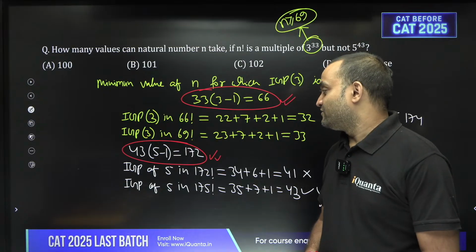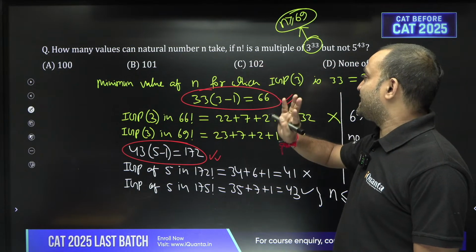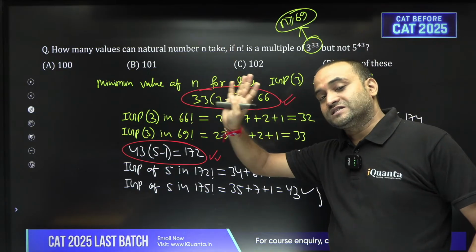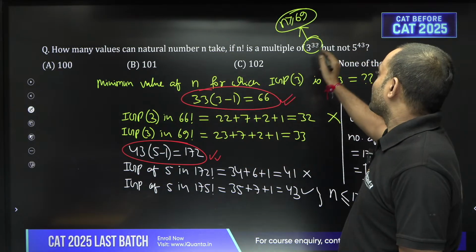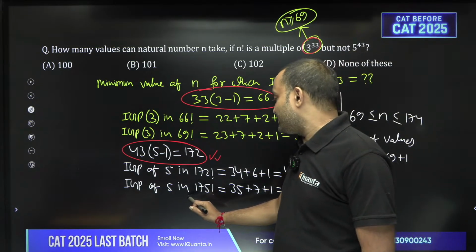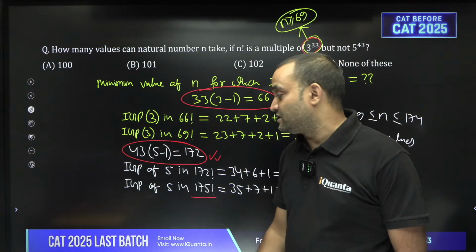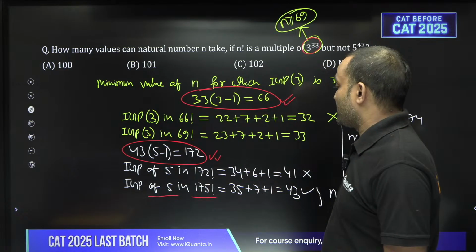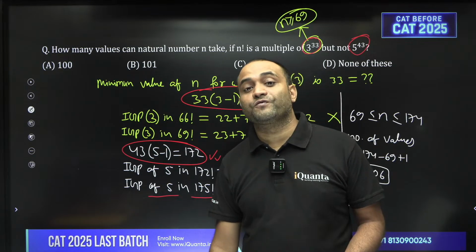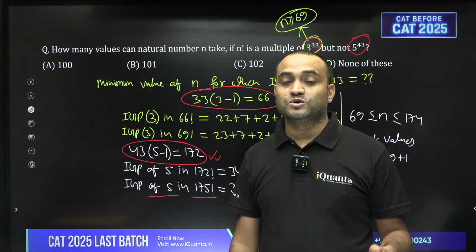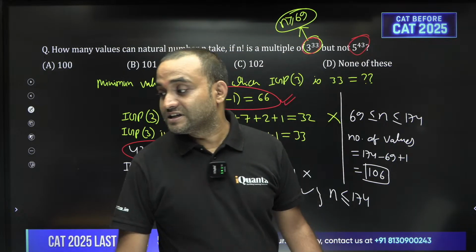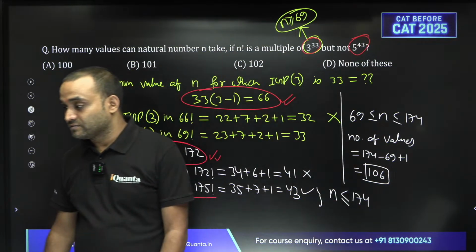As you can see, if n is greater than or equal to 69, then it will be divisible by 3 to the power 33. Now if n is 175, then 175 factorial is divisible by 5 to the power 43. Means if I take 144 factorial, it won't be divisible by 5 to the power 43. So n should be greater than or equal to 69, but it should be less than or equal to 174, right?